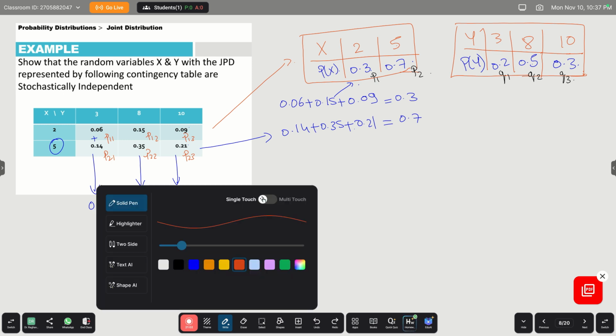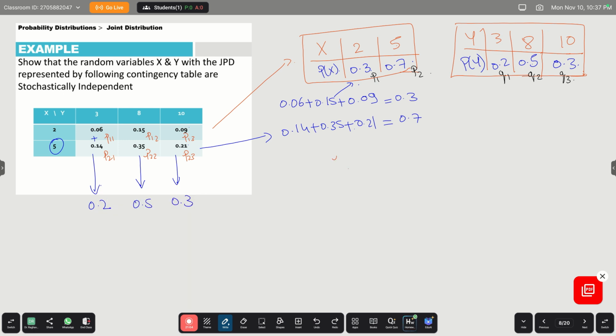First let me take P1 into Q1. P1 multiplied by Q1. P1 is 0.3 and I am multiplying it with Q1. Q1 is 0.2. So you have to take the P1 value from the X table and the Q1 value from the Y table.